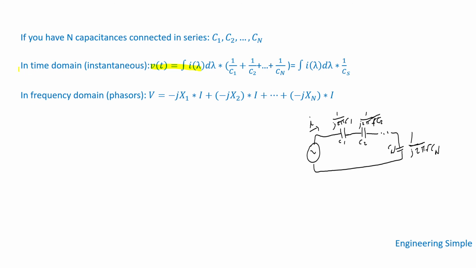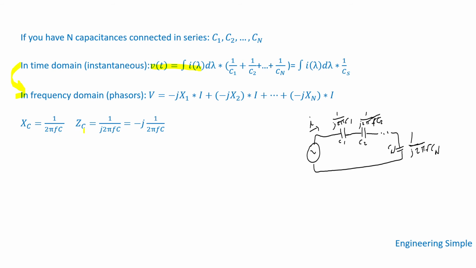So if I want to go from time domain to frequency domain, lowercase v becomes V equal to -j times the reactance of each capacitor times the current. So you do that for all the capacitances, and if you want to know where this negative sign came from, you can go back to the previous slide. Just as a reminder, the reactance of the capacitance is 1 over 2 pi times the frequency times the capacitance.